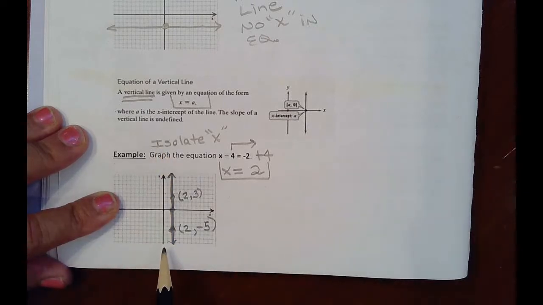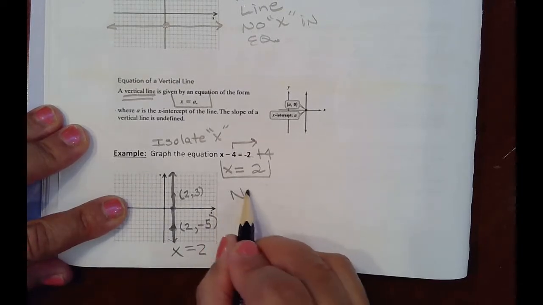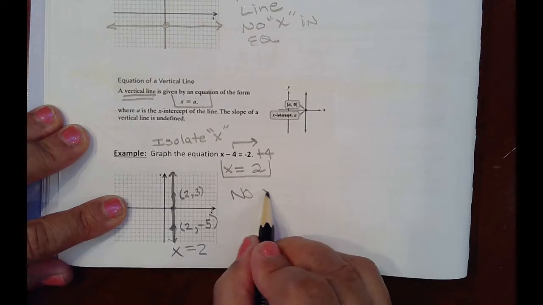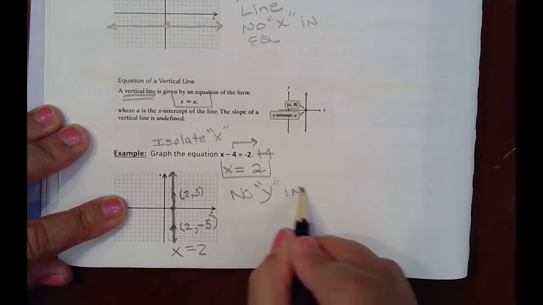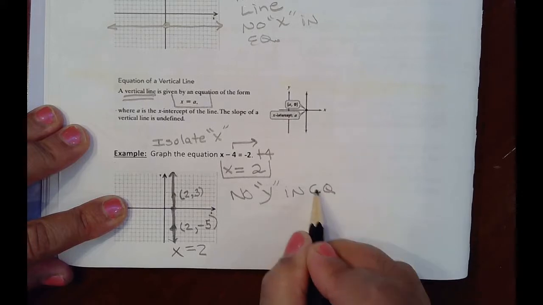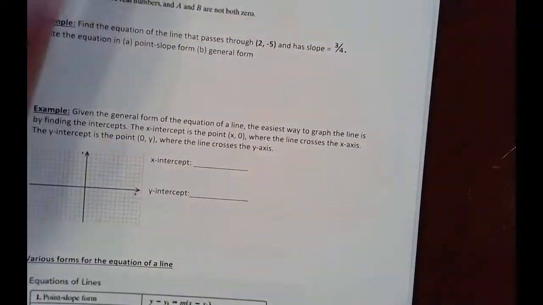This happens to be the line x is equal to 2. Notice that there is no y in the equation at all. The one and only variable that you do have is what you are using to command your picture, your diagram. Okay, moving to the last page.